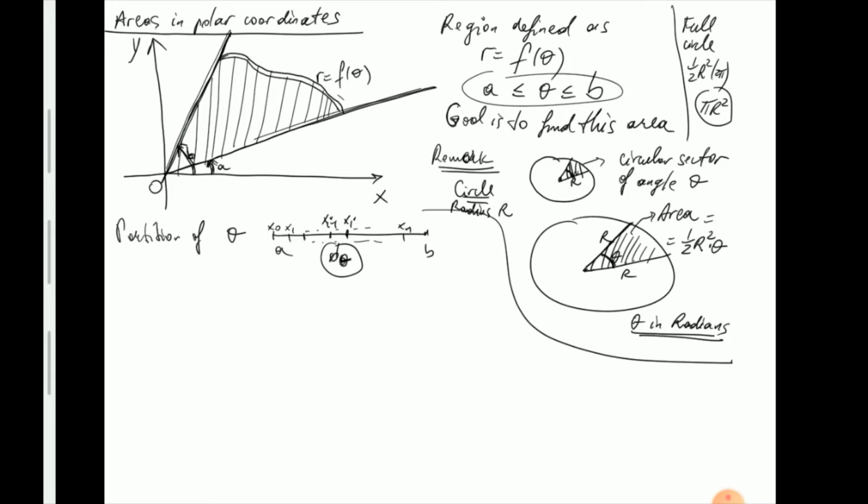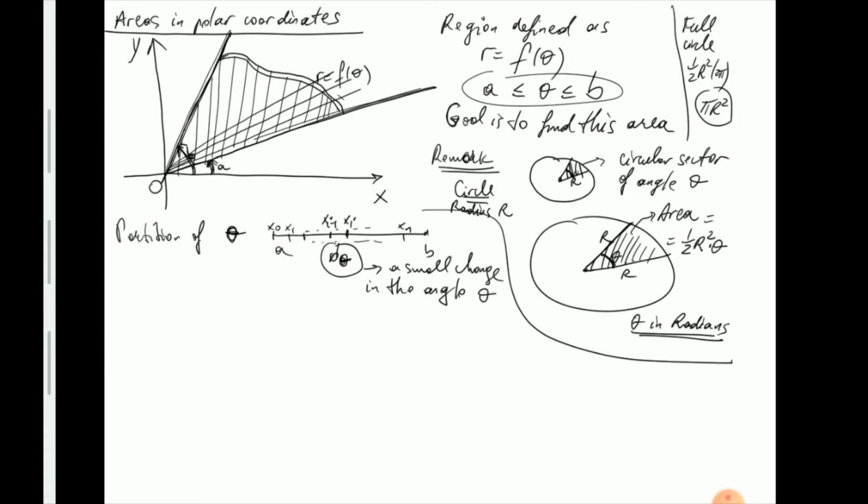But d theta here is basically a small change in the angle theta. So a partition on the domain for theta results in a partition of the entire area that I try to compute into thin strips like this in an angular shape, basically.